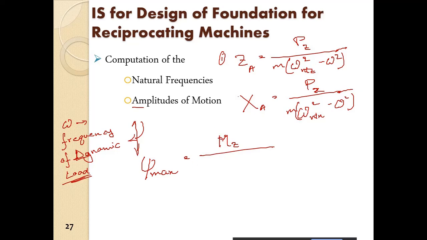So Mz is the applied moment about the z axis, the maximum magnitude of the moment applied about the z axis.